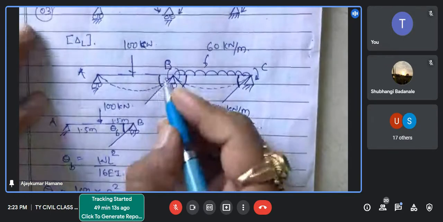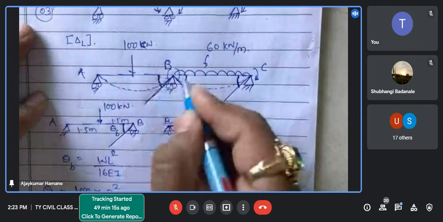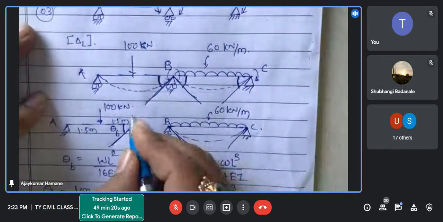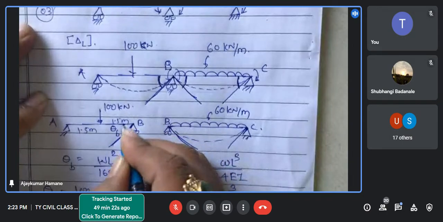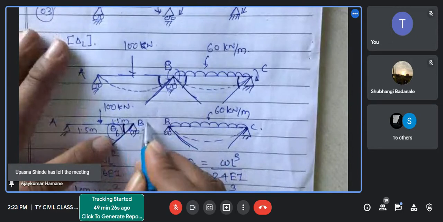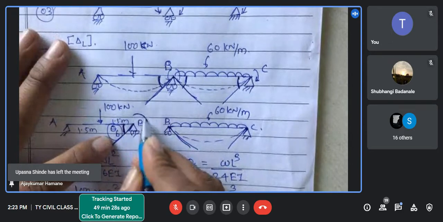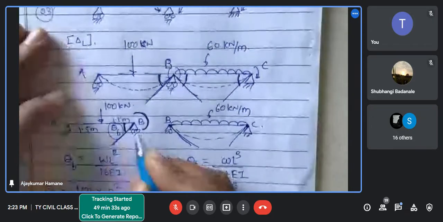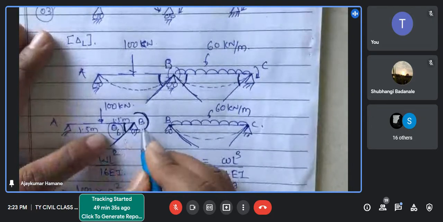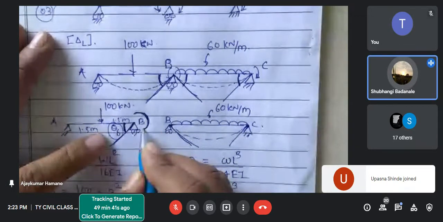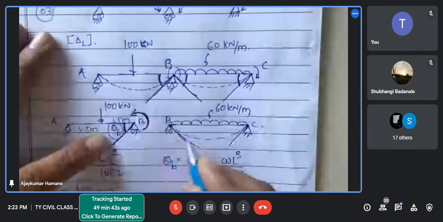Now see here, you have taken the slope like this, correct? So the rotation will be there when a moment is acting. So here, should this moment be clockwise or anti-clockwise to get the slope in the downward direction? Anti-clockwise, correct.